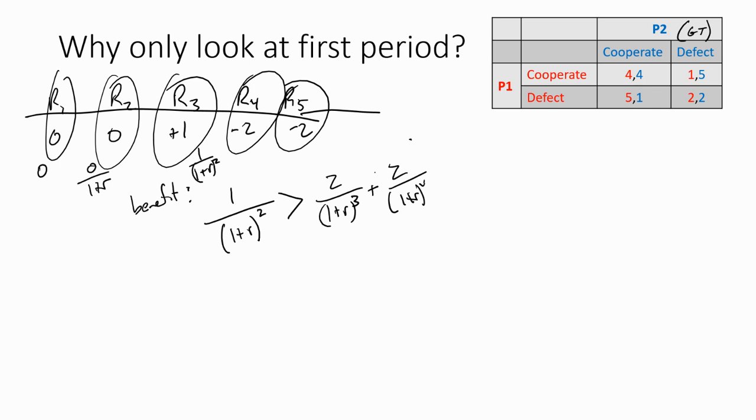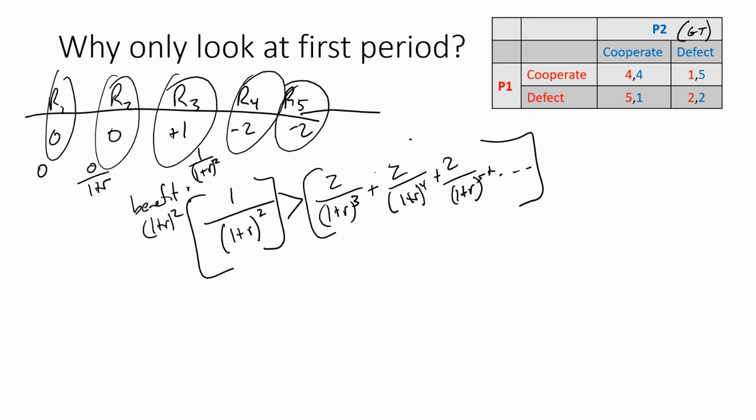1 plus r to the fourth, 1 plus r to the fifth, and it goes on indefinitely. Well, these all have a common factor in the denominator of 1 plus r squared. We can multiply this by 1 plus r squared and this by 1 plus r squared, and cancel out our exponents.